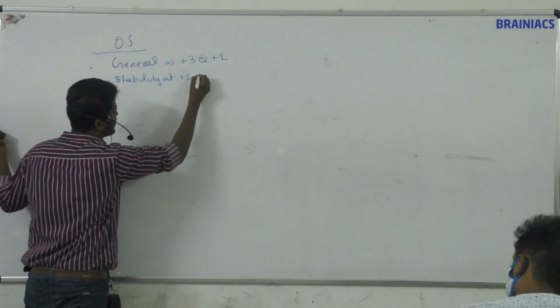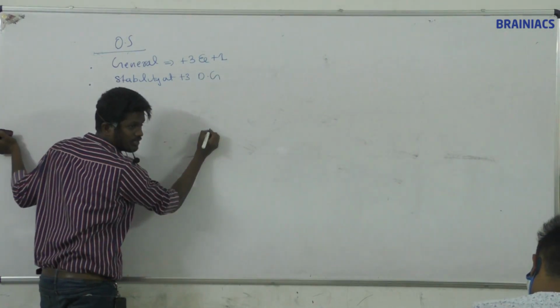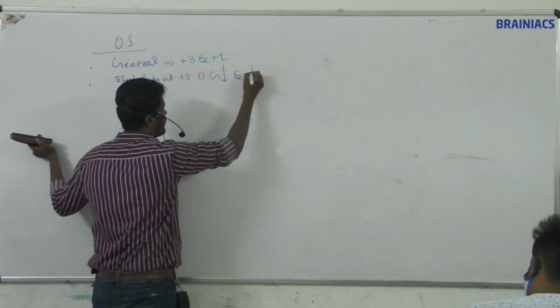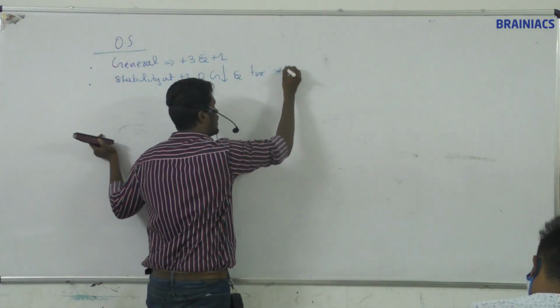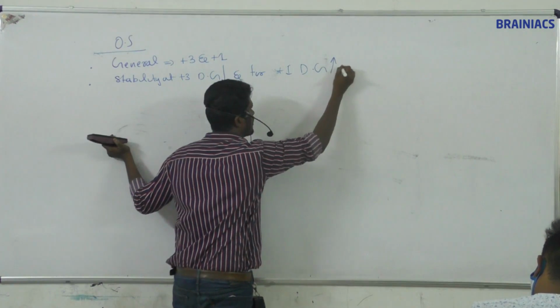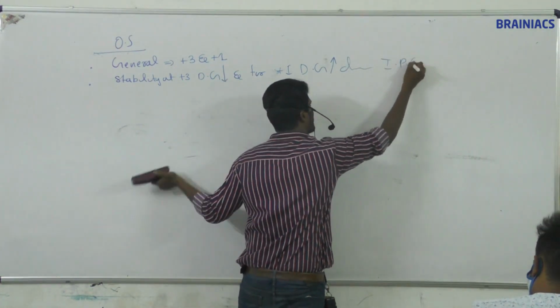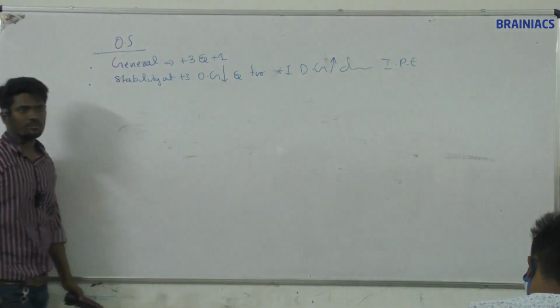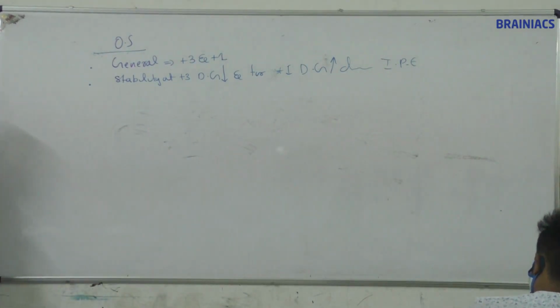Stability of +3 down the group decreases, and for +1 down the group increases due to the inert pair effect.